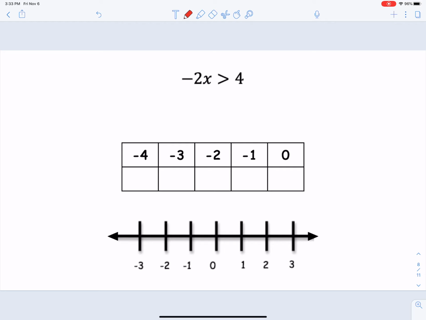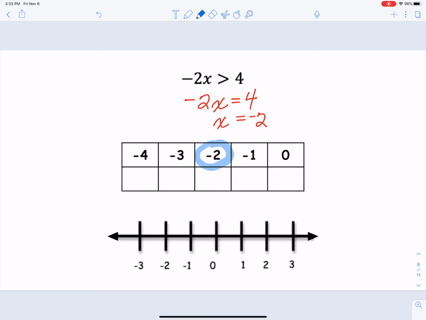So I'll start out just by solving the equality. -2x equals 4. They would know if we divide both sides by -2, we'll get that x equals -2. So this is our boundary point.